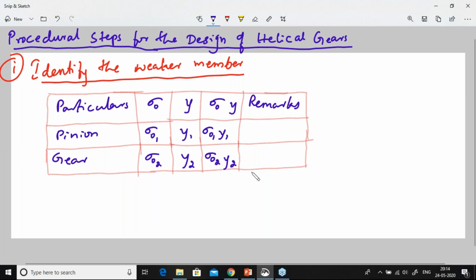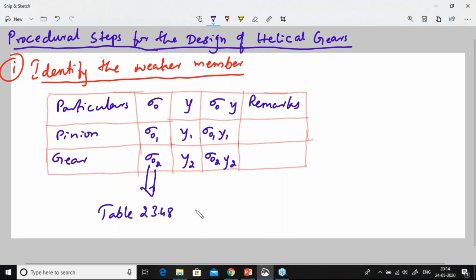Here sigma naught 1 and sigma naught 2 are called the allowable static stresses. If they have given them in the problem statement, we have to use those. If they are not given, we will get these values in table 23.48.